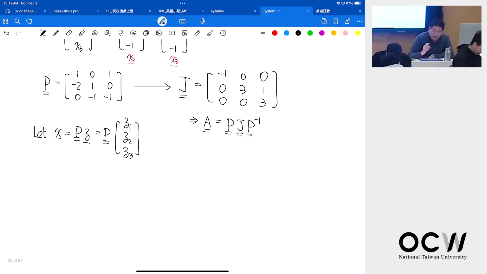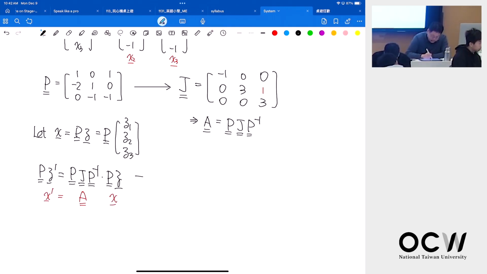Then bring it back to the differential equation. X prime equals AX. So I have P Z prime equals AX, and A is P J P inverse X. So for this Z, here I cancel out. So Z prime will be J, the Jordan block, times Z.